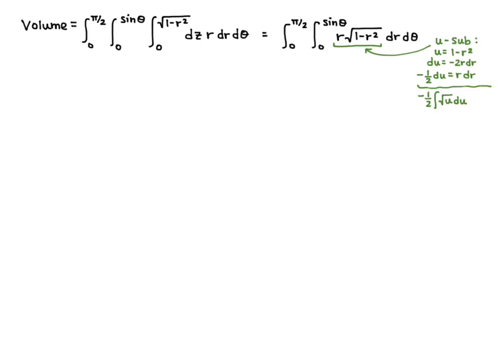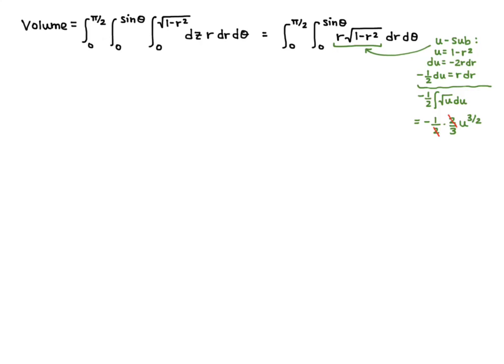Integrating this on the side, I have negative 1/2 integral of the square root of u, because I have the square root of 1 minus r squared. du replaces the r dr. And so integrating that, I get negative 1/2 times 2/3 u to the 3/2. The 2's are going to cancel, so I get negative 1/3.